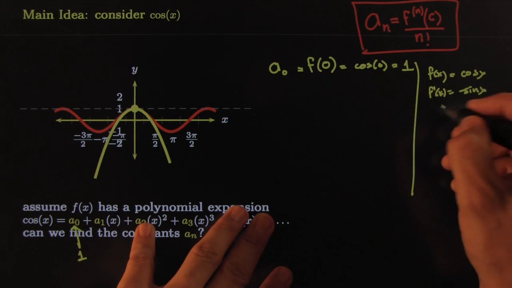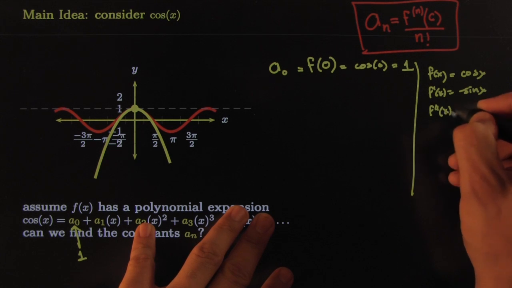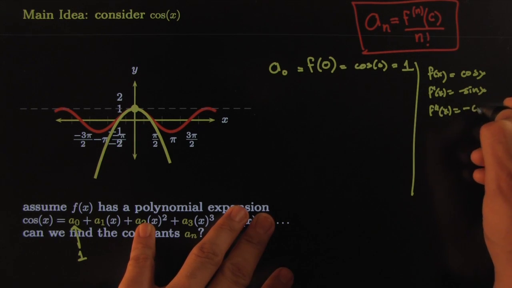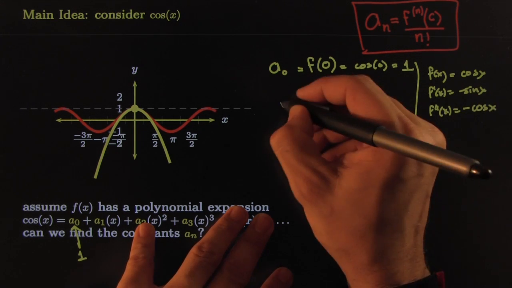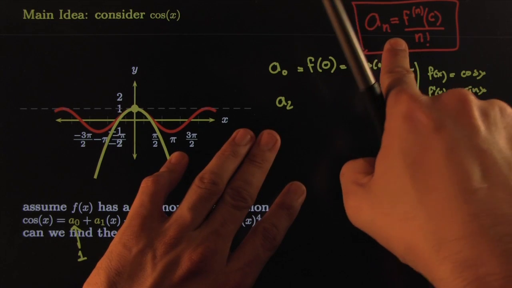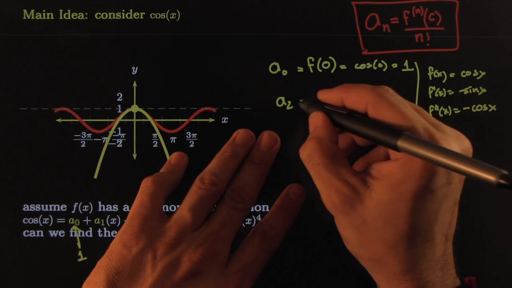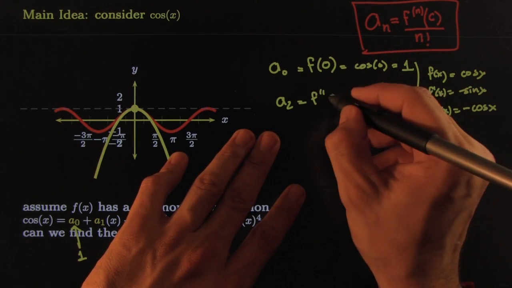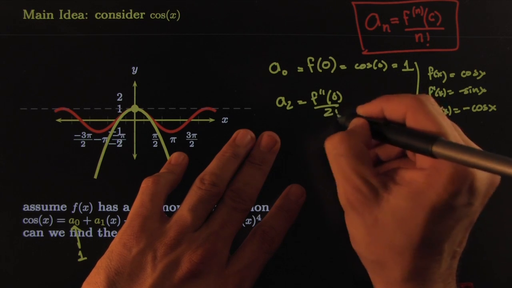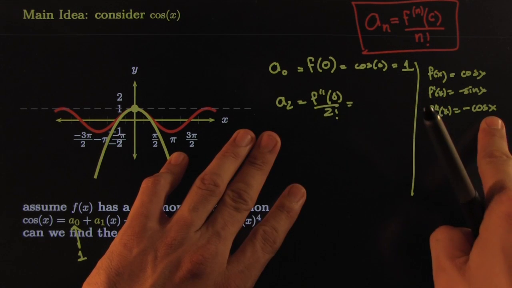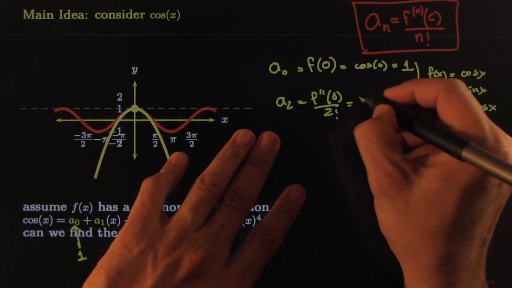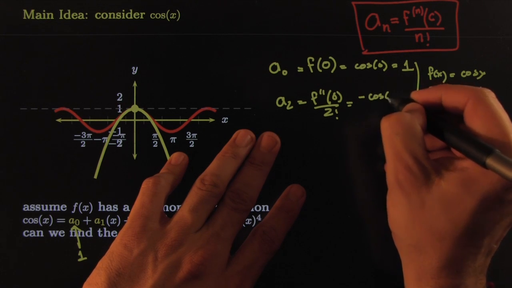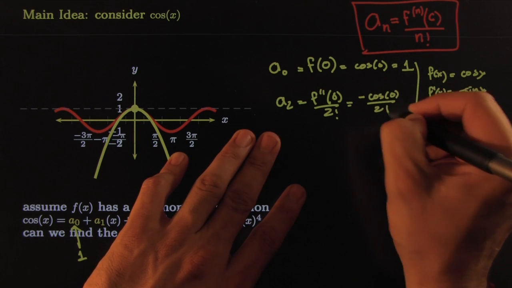And now I need f double prime of x. F double prime of x would be negative cosine of x. And I need that because, according to my excellent formula, a2 would be equal to my second derivative, evaluated at 0, and then divided by 2 factorial. So my second derivative is negative cosine, so this would be negative cosine of 0 divided by 2 factorial.